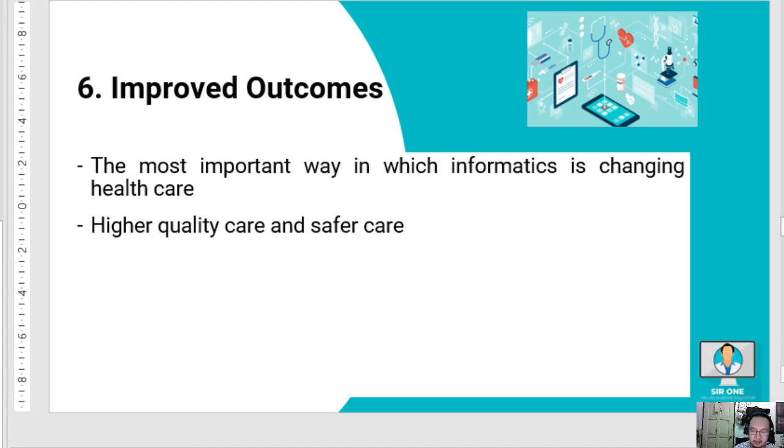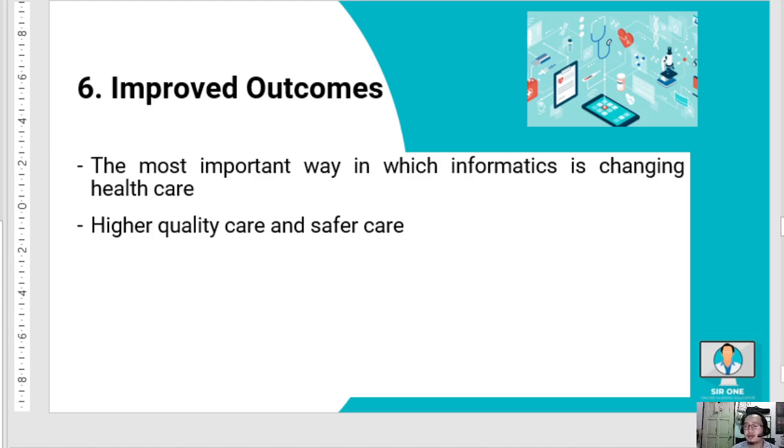Instead of manually writing the lab request with a pen and paper, you just type it and click, then it's already sent to the laboratory or department it is intended for. So when you say automation, you save time, you save money, you save effort, not only for the hospital but also for the patients themselves and other institutions.